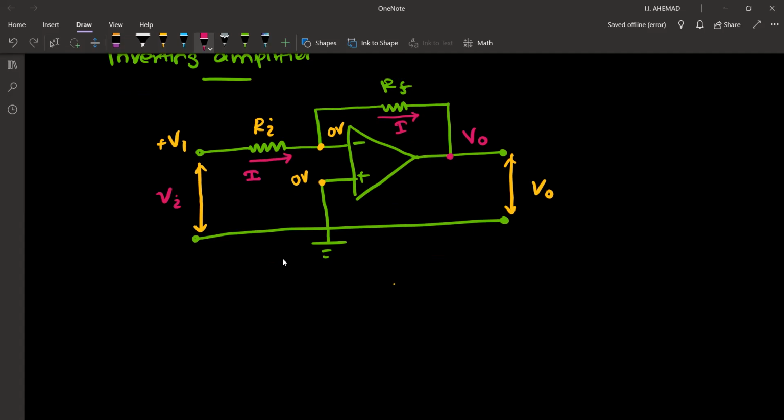What I'm going to do is apply Ohm's law between these two points. So if I apply Ohm's law between these two points, that is going to be Vi minus 0 is equal to I into R1. That's my first equation. And if I apply it from here to here, 0 minus V0.